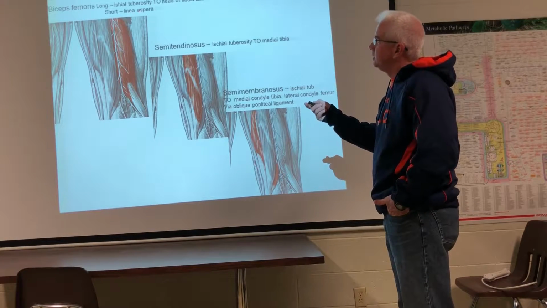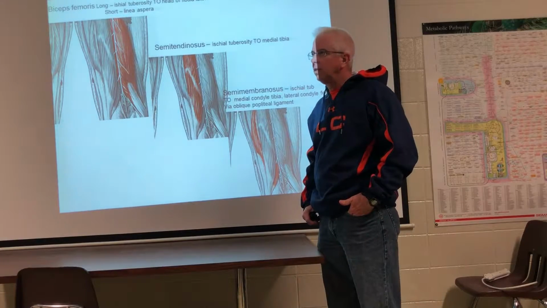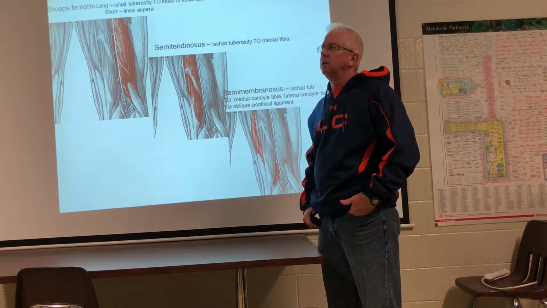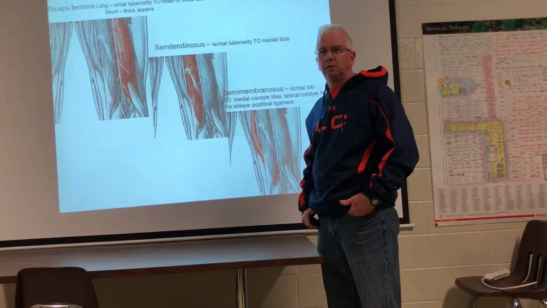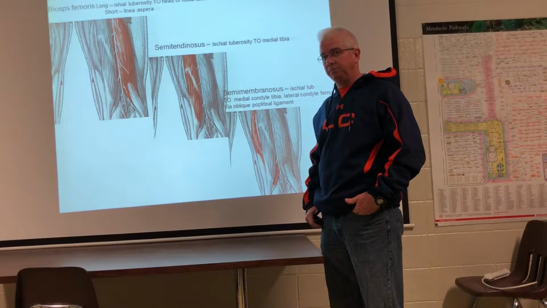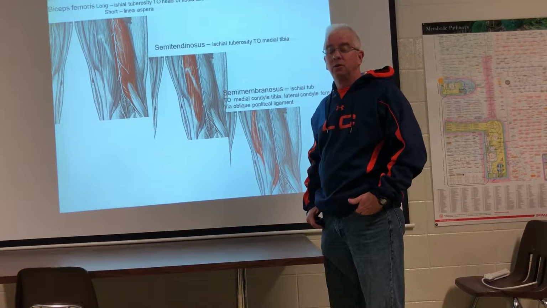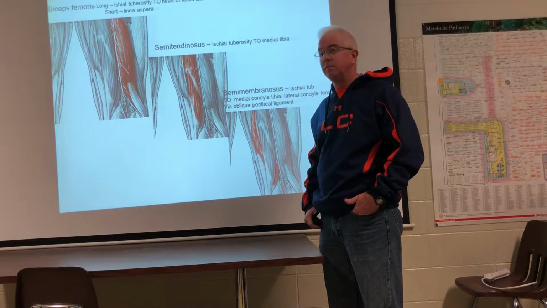So the short head stops at the linea aspera. Now let's talk about that for just a minute. The linea aspera has the adductors attached to it, so I can pull on the linea aspera and adduct the leg. The linea aspera has the quadriceps attached to it, so I can extend at the knee from the linea aspera.